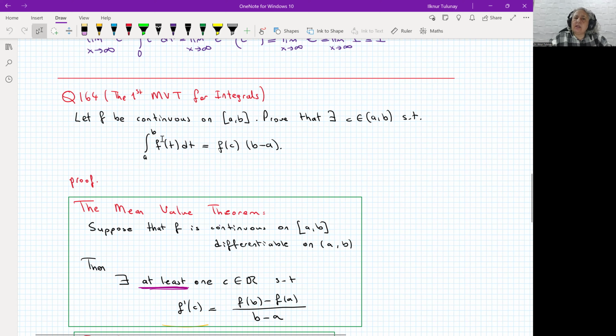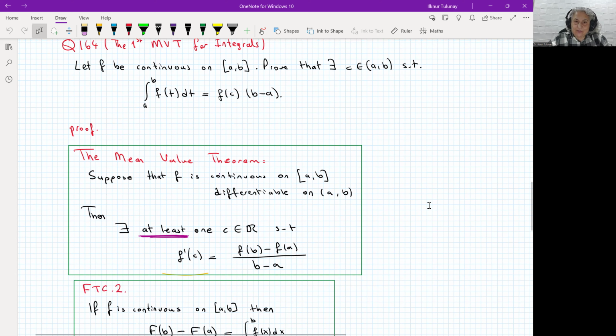This theorem is very similar to the mean value theorem, and we can view it as the first mean value theorem for integrals. We would like to prove this equality. Let's see what we can do.